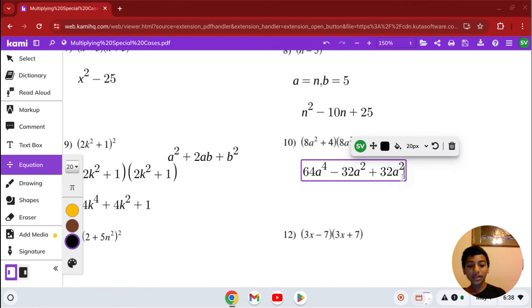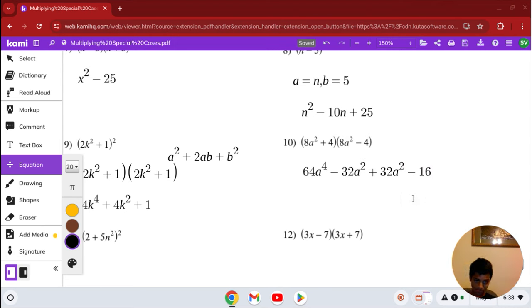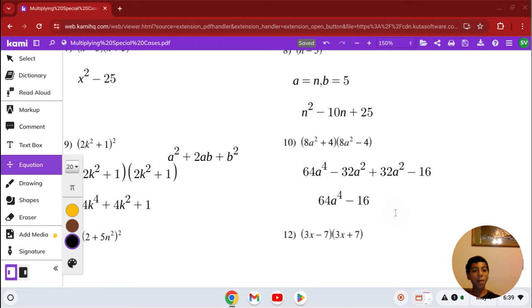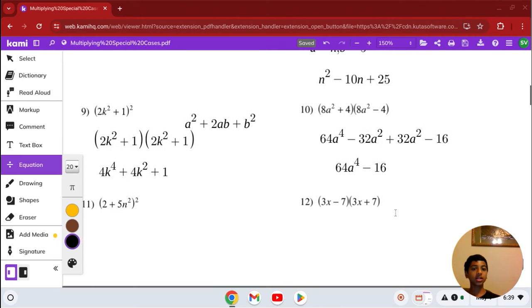And finally, negative 4 times 4 is minus 16. What we notice is that the middle terms become 0. They cancel out. Negative 32a squared plus 32a squared. So we're just going to be left with 64a to the fourth minus 16. That's our solution in number 10.